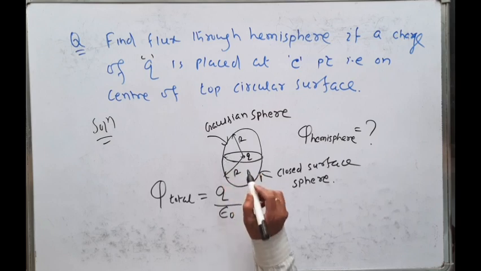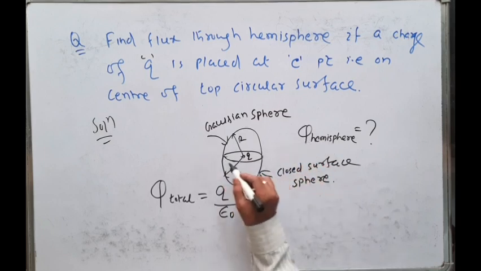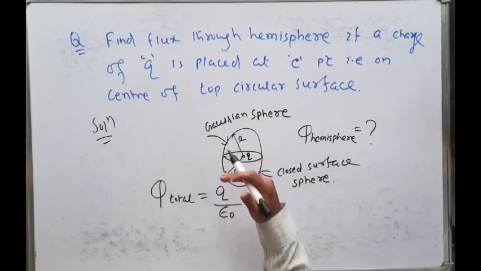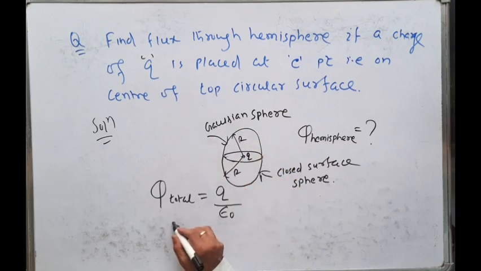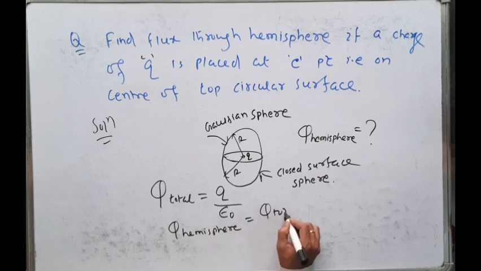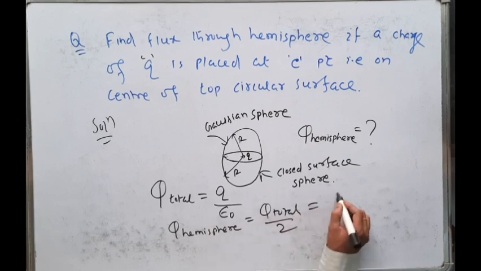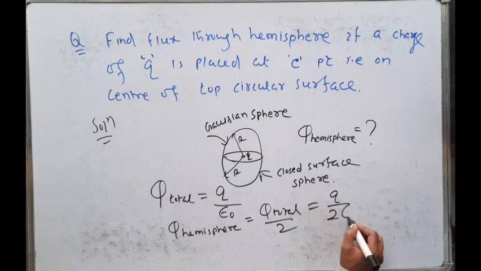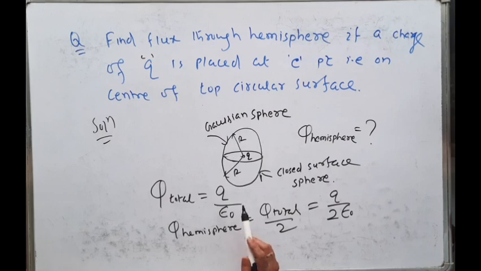The question is, what is the flux through the hemisphere? The hemisphere is half of the sphere, so the flux through the hemisphere is the total flux divided by 2, that is Q by 2 epsilon naught. This is a very small application of Gauss law. In the coming class we will discuss some other applications. Okay, bye.